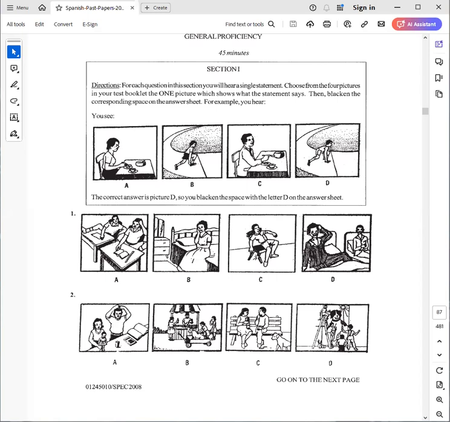Number 1. No se sienten bien. Number 2, los jóvenes con su perro charlan al aire libre.